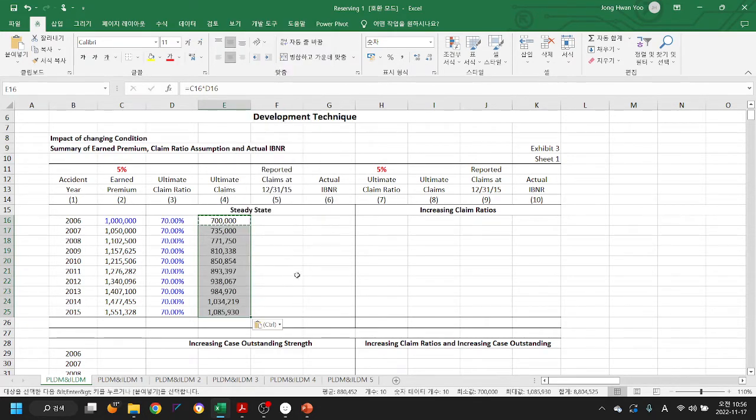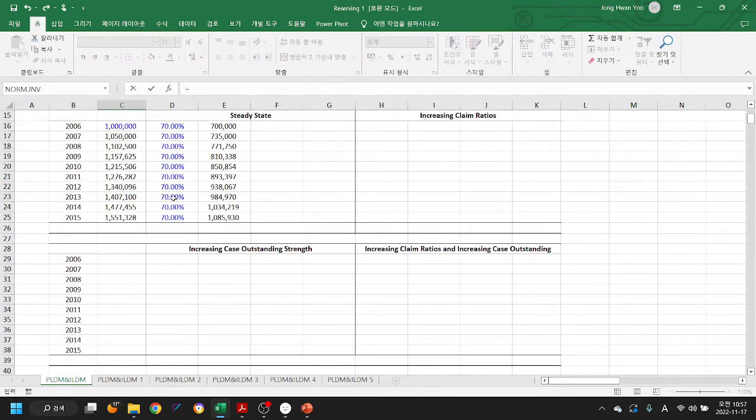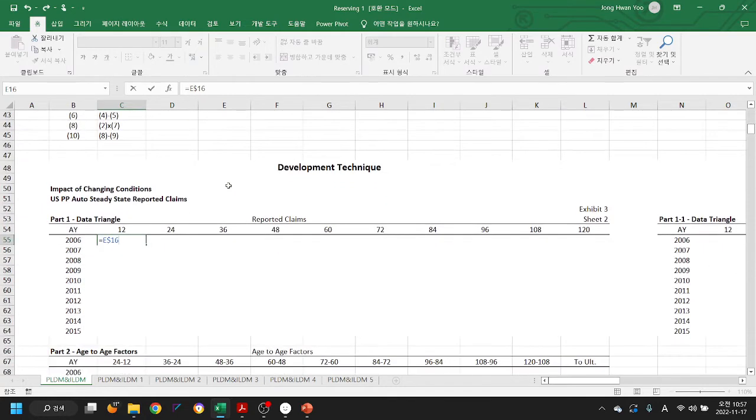And in order to get the reported claims at the most recent point, that means December 31st, 2015, I need to create the reported loss. How am I going to do that? Because I have a reported proportion based on each accident year.